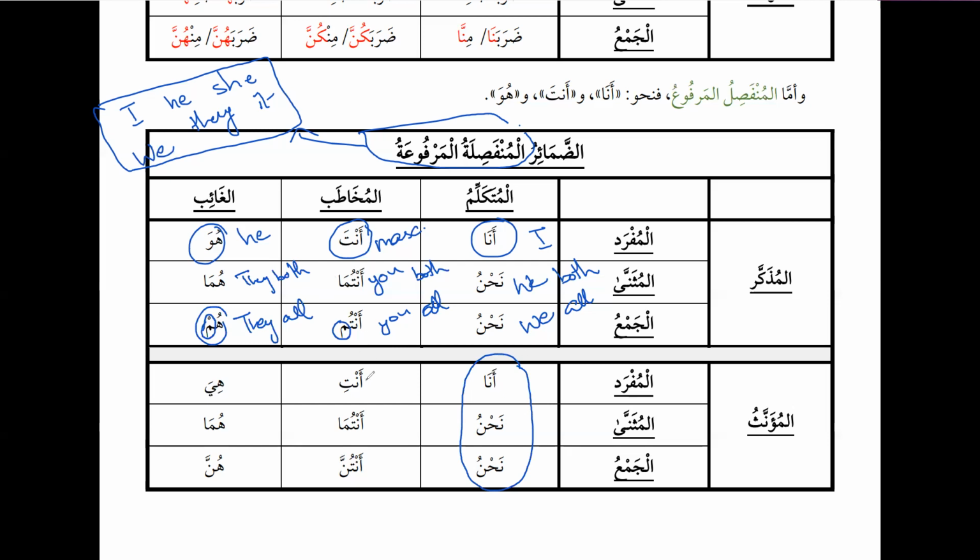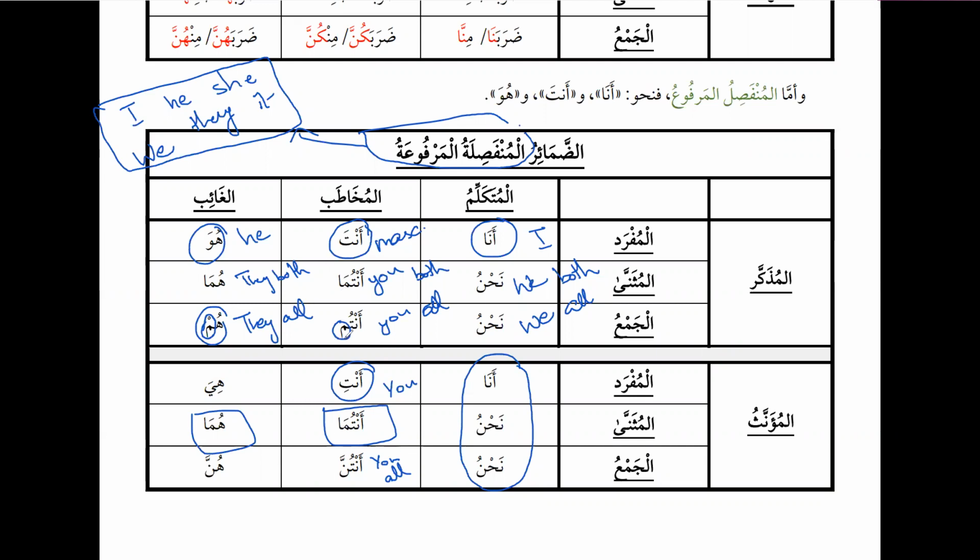So if you are talking to a female and you want to say to her, you, how will you say to her you? You will say anti, type you. For the dual form, they remain the same. Now let's come to the plural form. You are talking to a group of females, and how will you say you all? You will say antunna.